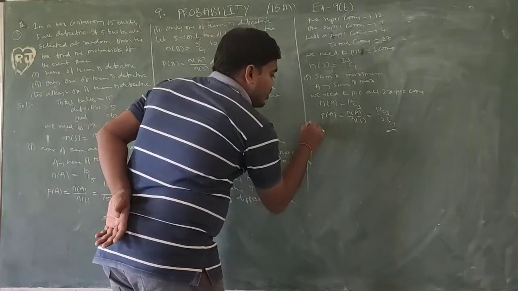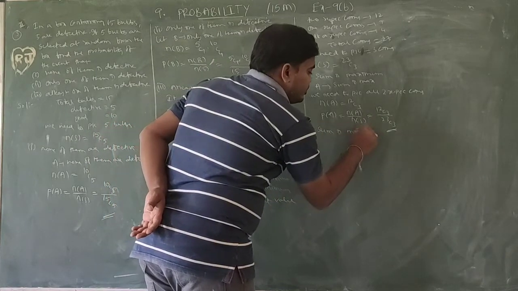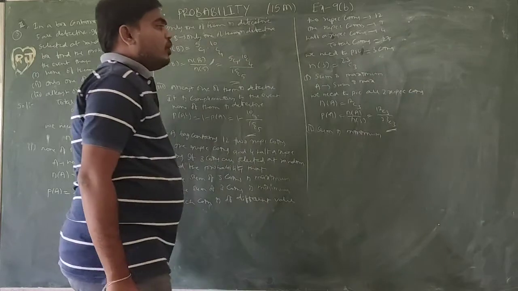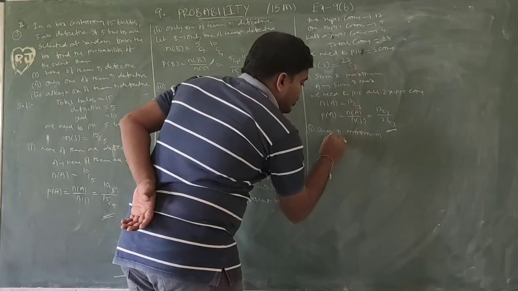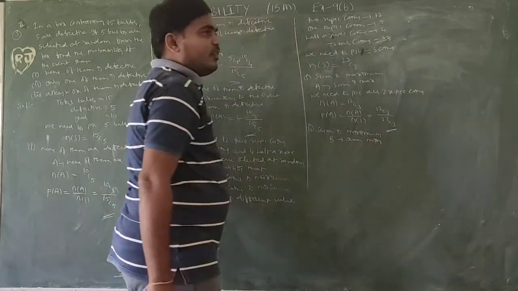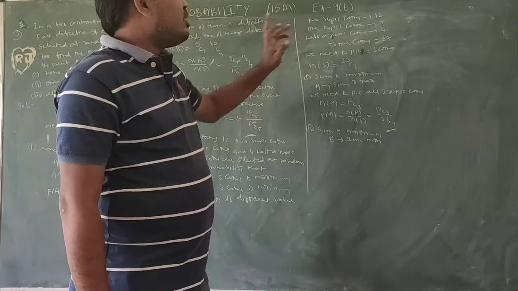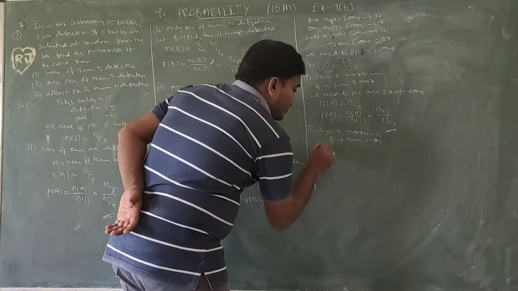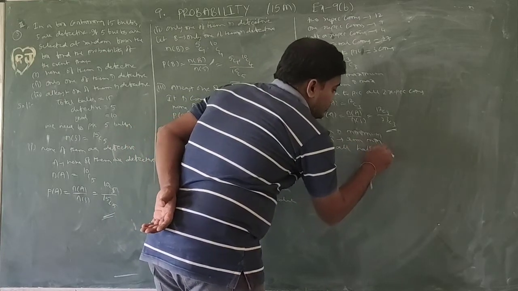Second, sum is minimum. Already we did sum maximum, now sum minimum. When the sum is minimum, we need to pick all the minimum valued coins. What are the minimum valued coins? Half rupee coins. So pick all half a rupee coins.